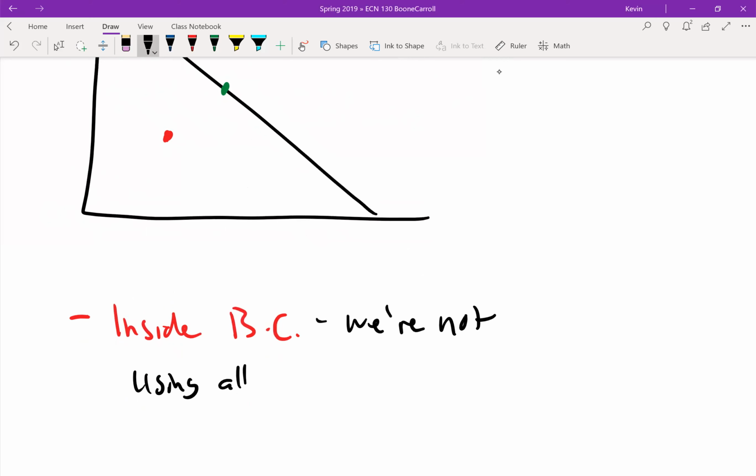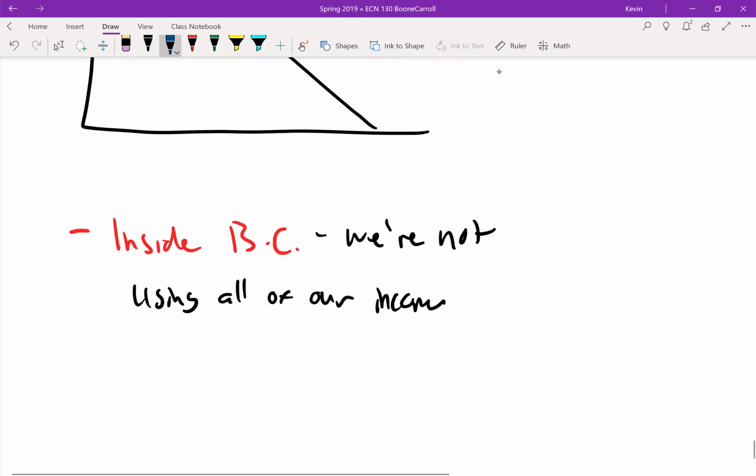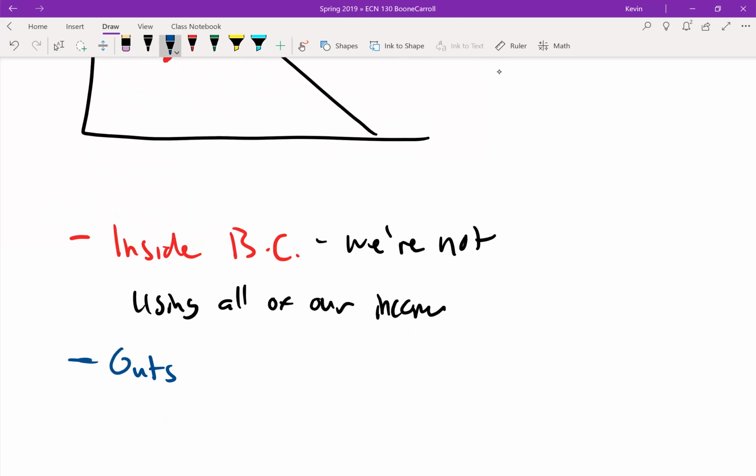So again, not using all of our income. The point out here outside, which I've labeled as blue, is outside of our budget constraint. This is an allocation that we cannot afford.